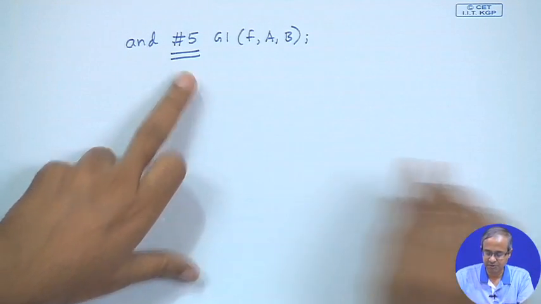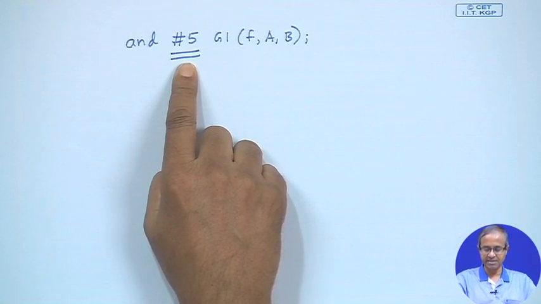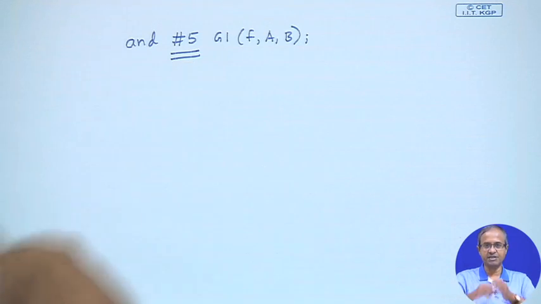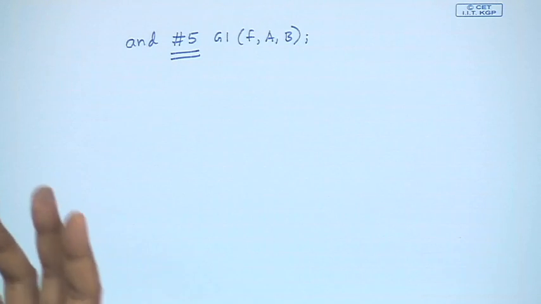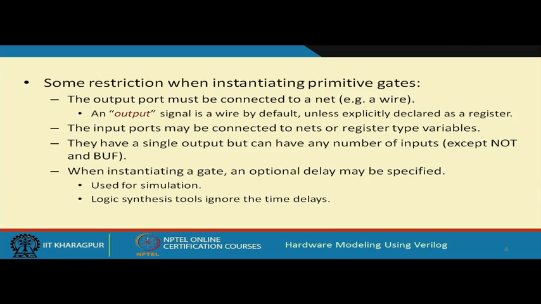For synthesis purposes, this delay does not make any sense, right, because it is ultimately the hardware AND gate, and how fast or how slow it is will determine the delay. So, as a designer, I have no idea what the delay will be, how many picoseconds or how many nanoseconds, right. Okay. So, this optional delay is used only for simulation, and the logic synthesis tool will ignore these delays.